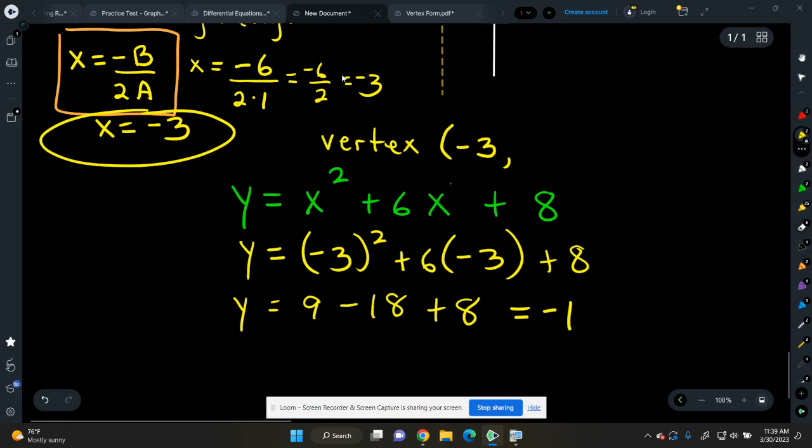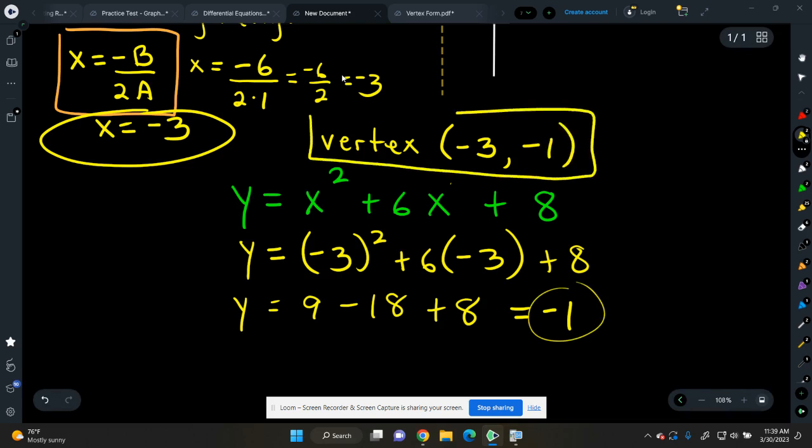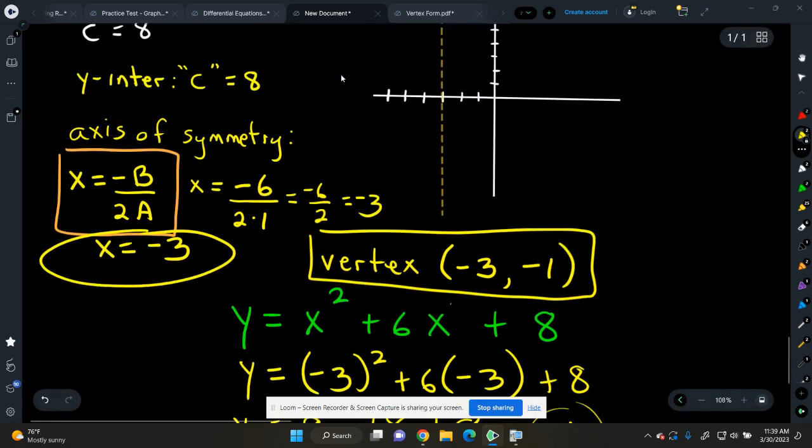Then I take the x and I plug it in to figure out the y. And y comes out to be negative 1. So now I have the x and the y. Now I know my vertex. Okay, so I've got the point negative 3, negative 1 is my vertex.